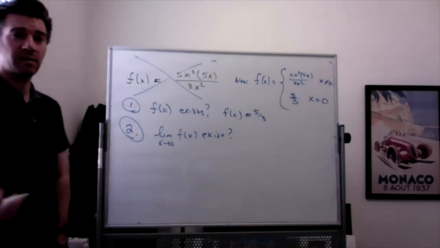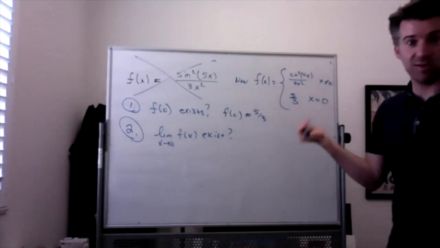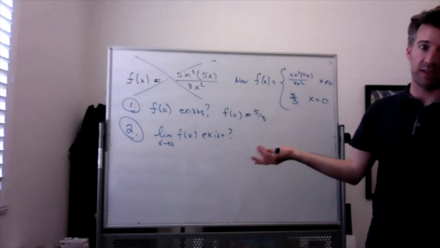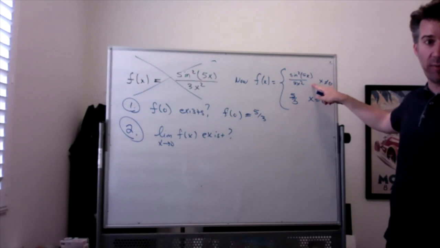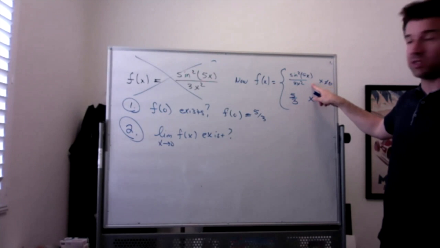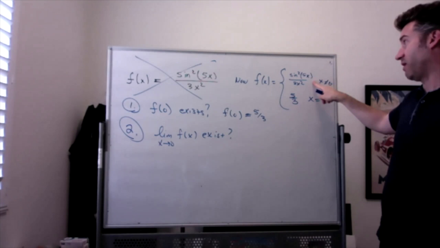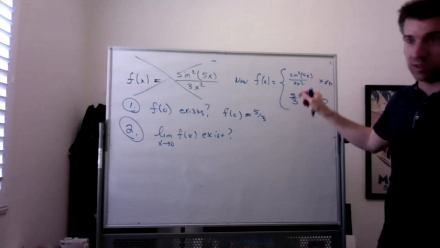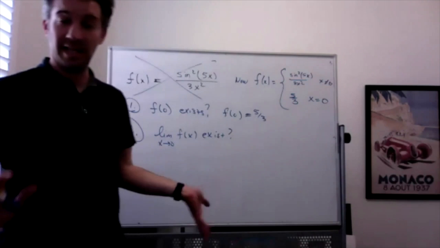So here's a nice thing about this piecewise function. On either side of 0, either when x is bigger than 0 or when x is less than 0, you still have the same other part of the function, right? This function is equal to sine squared of 5x over 3x squared when x is less than 0 or bigger than 0, which means we don't have to look at the one-sided limits here.